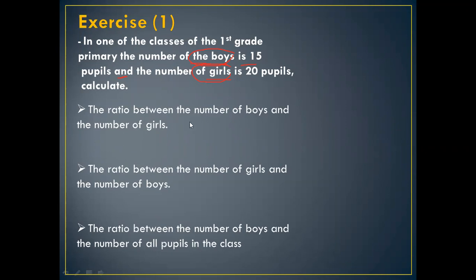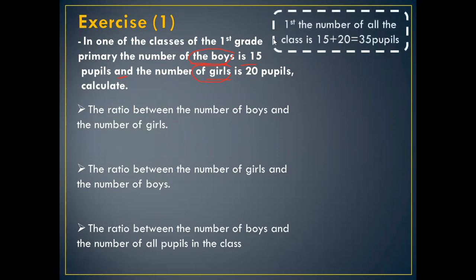We also need the total number of students in the first grade: 15 boys plus 20 girls, so the number of students in the class is 35. Okay, so let's start with the first one. The boys are 15 and the girls are 20.